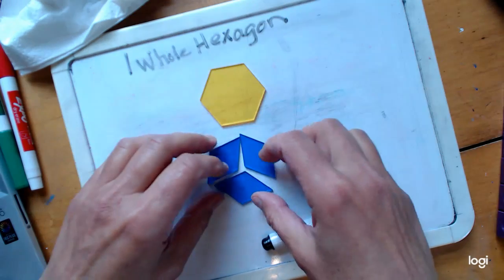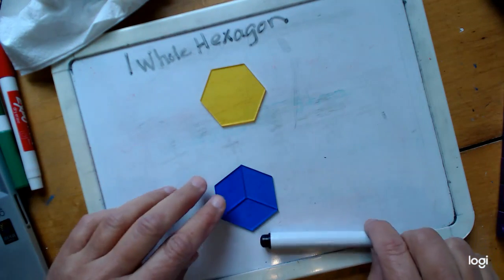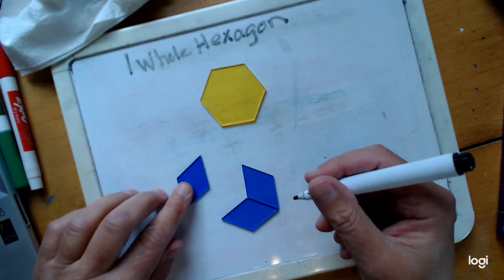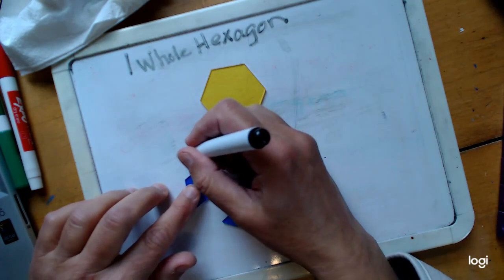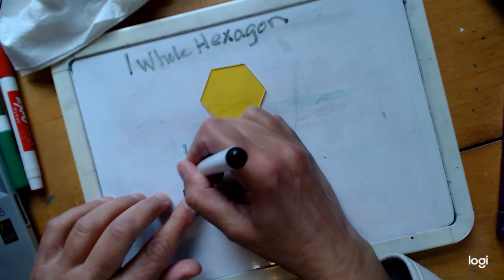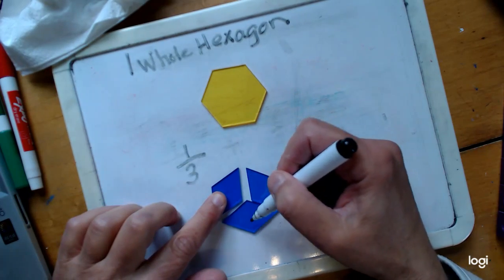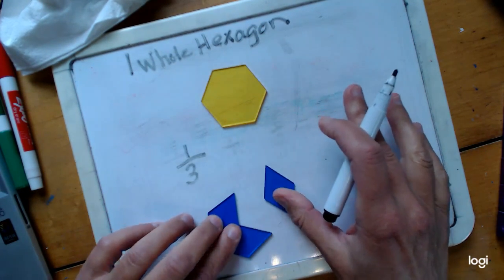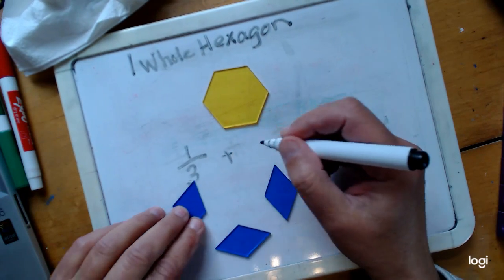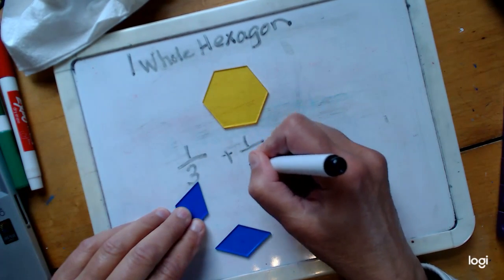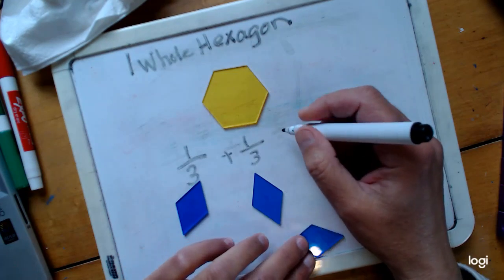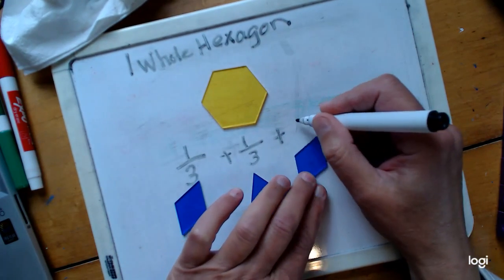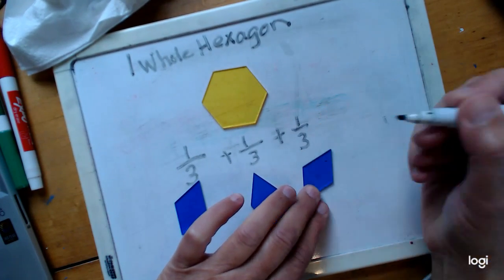So one shape is 1/3 because there's 3 shapes that make up one whole. There's another shape plus 1/3, and there's another shape plus 1/3.